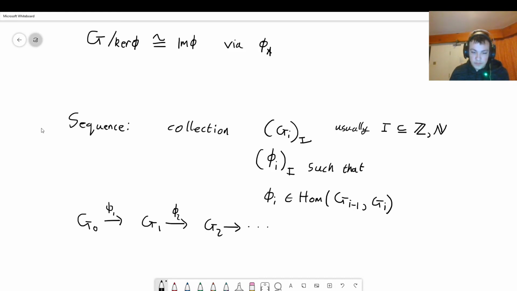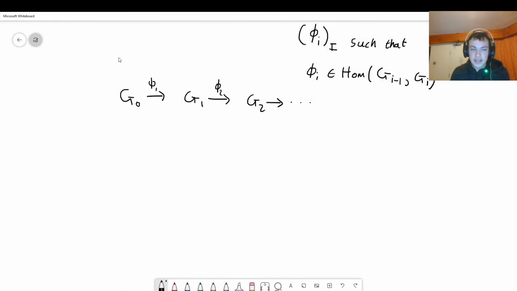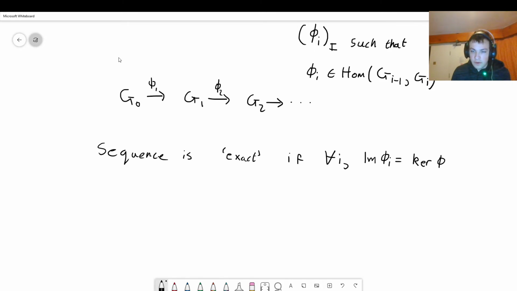So a sequence is exact if for each i we have that the image of phi_i is the kernel of phi_{i+1}. What this means is that phi_{i+1} of phi_i is always equal to the trivial map 0, we can call it.